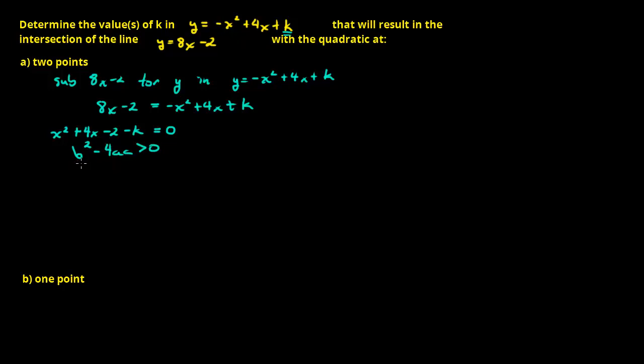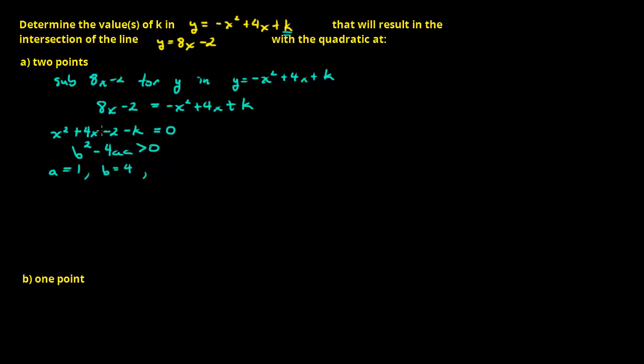So the tricky part here is determining what a, b, and c are. First off, a is just equal to 1. That one's easy, because the coefficient on the quadratic term is just 1. The coefficient on the linear term is just 4, so b is equal to 4.